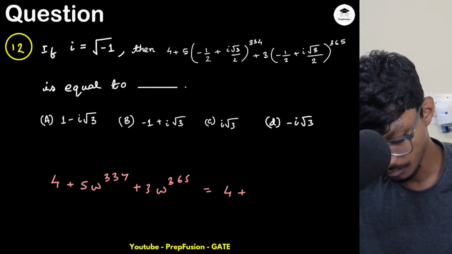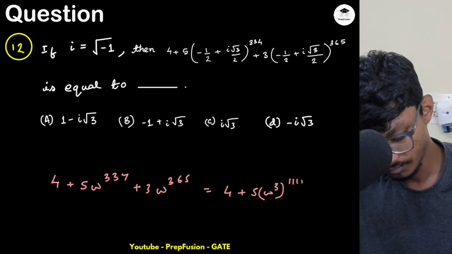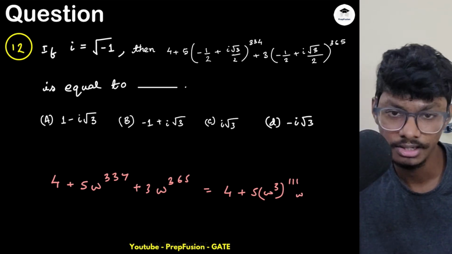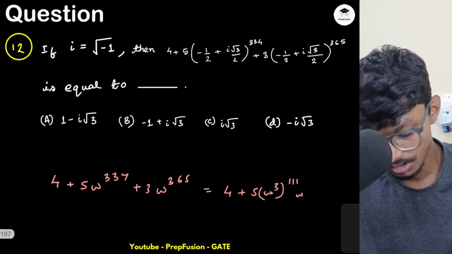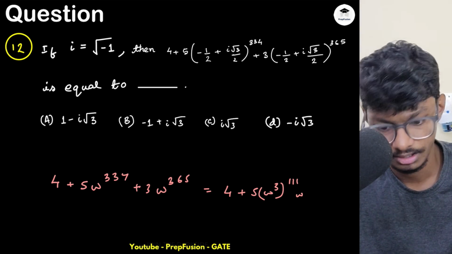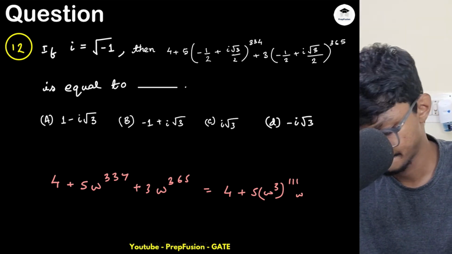So I can write 4 plus 5 omega raised to power 3 into 111, and obviously there is 1 omega. I just divided by 3 and I got remainder as 1 and the quotient as 111. And if I divide this by 3, the remainder will be 2 and the quotient will be 121.